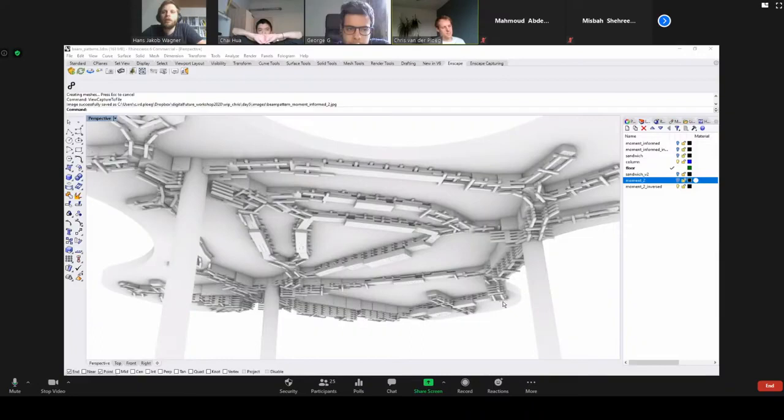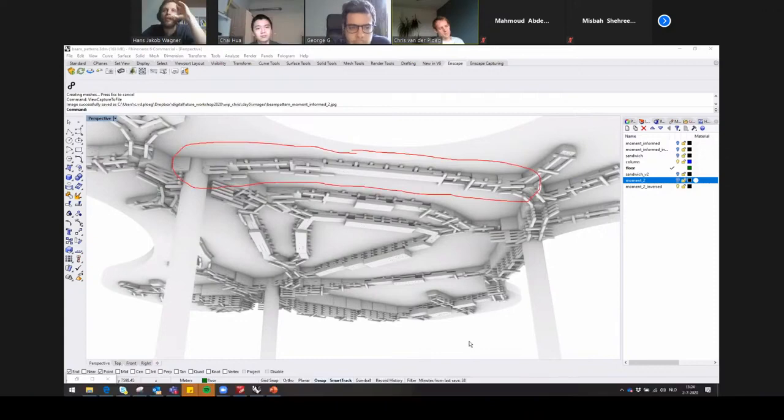Looking at it, there is a very clear distribution of the members, where kind of to form a cohesive whole. Whereas this part here somehow becomes a bit more disintegrated, and I wonder why actually, right?